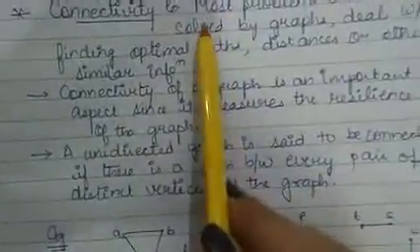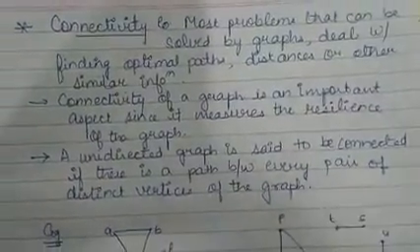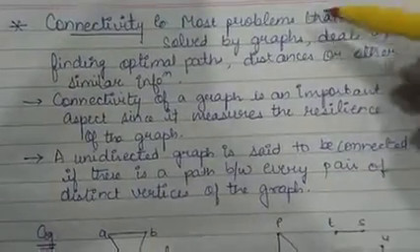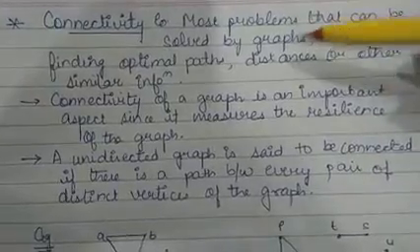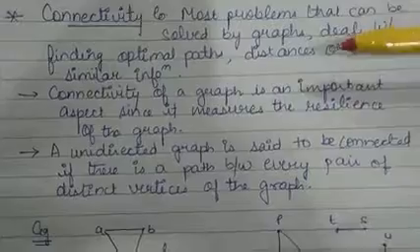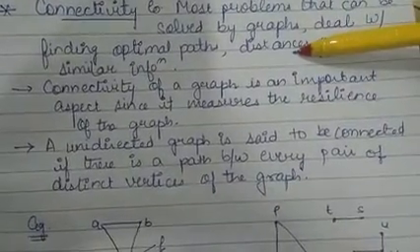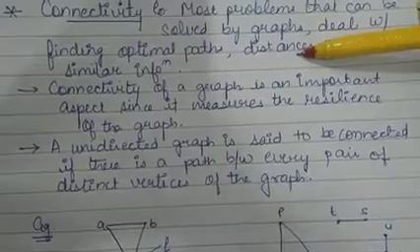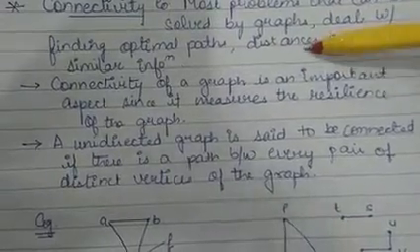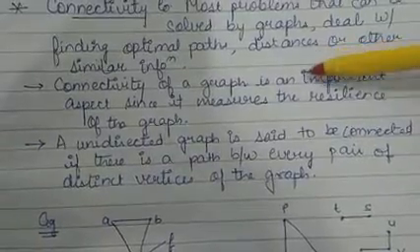Now what is connectivity? As the name suggests, connectivity means there is some connection between the vertices. Most problems that can be solved by graphs deal with finding optimal paths. That means if we need to solve a graph problem, there should be connectivity between the vertices, so that we can measure any possible path.